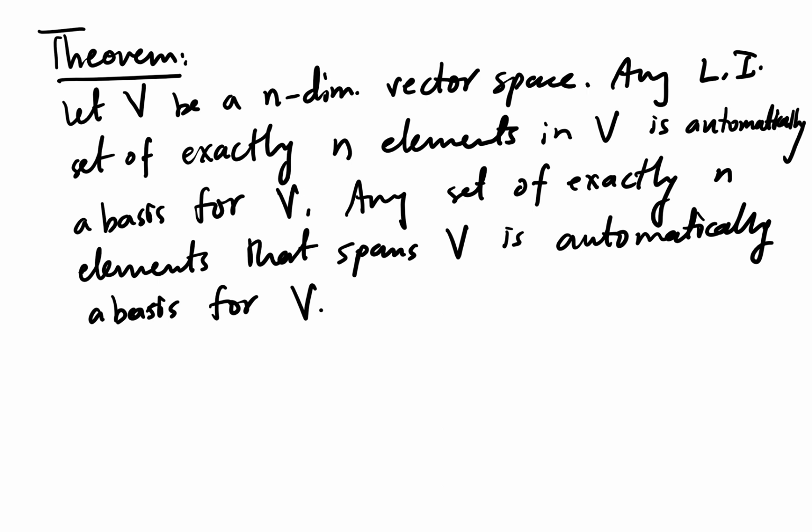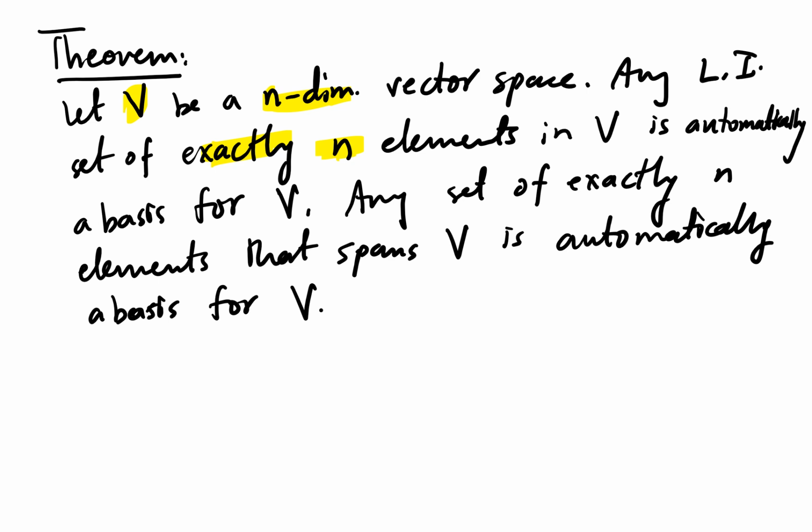If you have a linearly independent set of exactly n vectors in V, and V is an n-dimensional vector space, then the theorem says this automatically means that this set of n vectors is a basis for V. Another way to say it is that any set of exactly n elements that spans V is automatically a basis for V. Isn't that obvious?